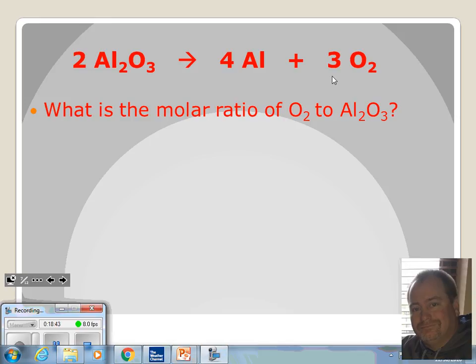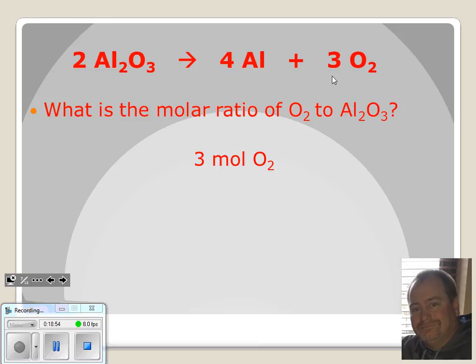What's my coefficient for oxygen? 3, right? So that's telling me 3 moles of oxygen over Al2O3, we already knew what that was. It is what? 2. So my molar ratio of oxygen to aluminum oxide is 3 moles of oxygen over 2 moles of aluminum oxide.